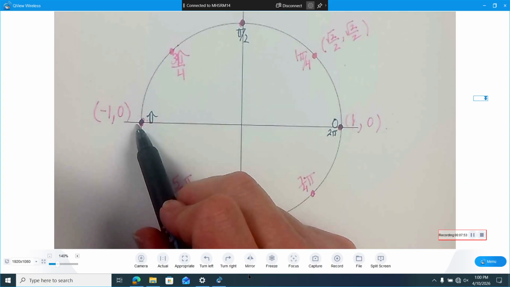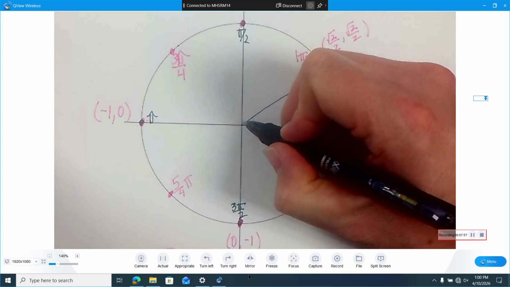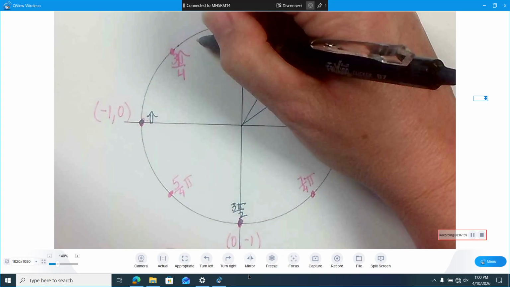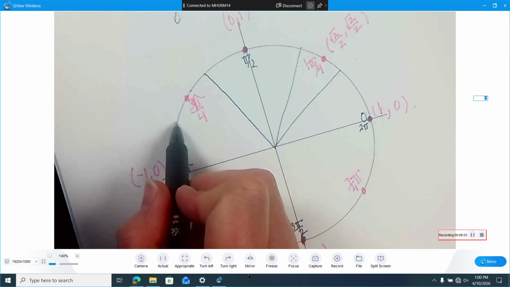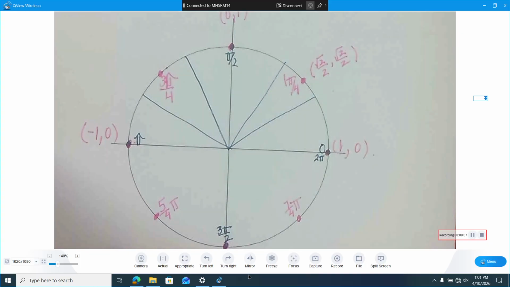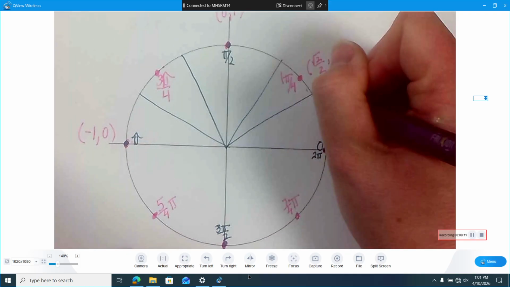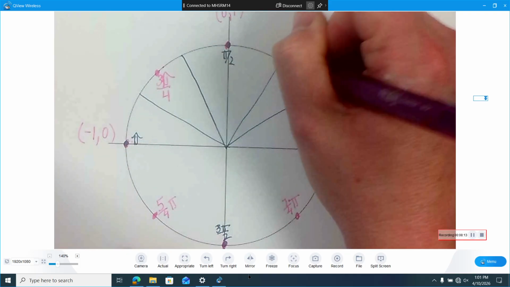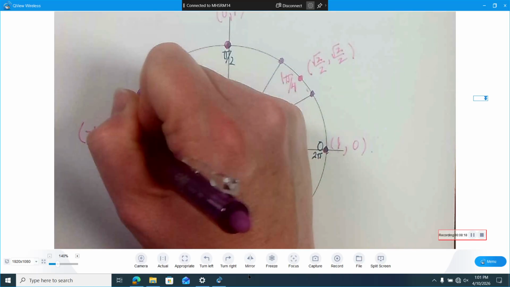But we can also take pi and divide it into 6, technically, is what I'm going to do. There we go. So here I can see I have 1, 2, 3, 4, 5, and then get to 6.